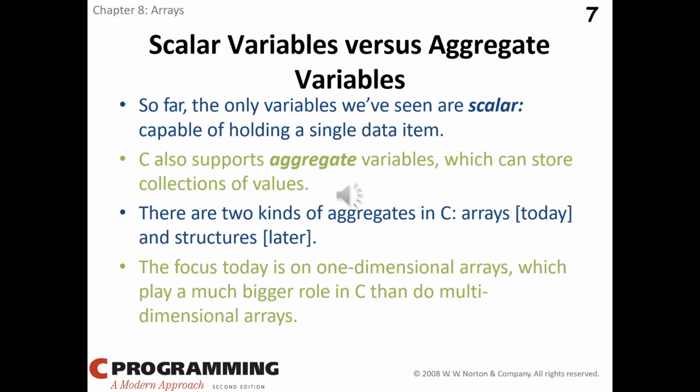But there's more. There's also aggregate variables. These are like baskets that can hold a bunch of stuff all at once. So instead of just one item, they can store collections of values, kind of like a picnic basket filled with sandwiches, fruits, cheeses, drinks. And now in the world of C programming, we have two main types of aggregate variables, which are arrays and structures.